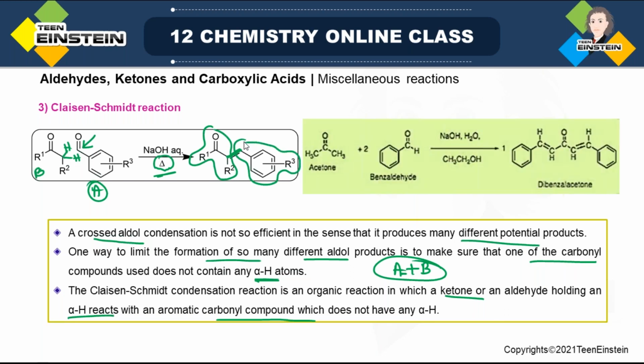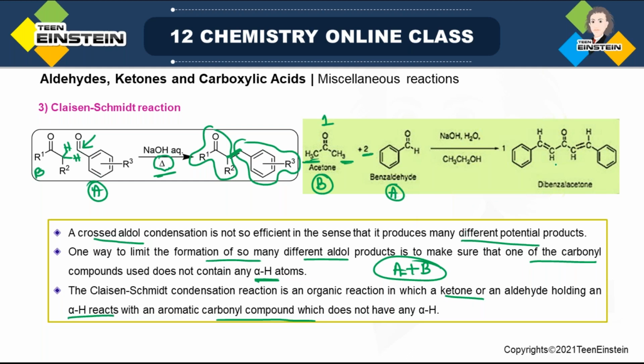Now the actual example, if we see, here we have taken acetone. So acetone is basically molecule B, which is having alpha hydrogen, and in benzaldehyde there is no alpha hydrogen. And see here, on both sides you can generate a negative charge, you can generate carbanion, that means on both sides the reaction is possible two times. So that is why one molecule of acetone reacts with two molecules of benzaldehyde.